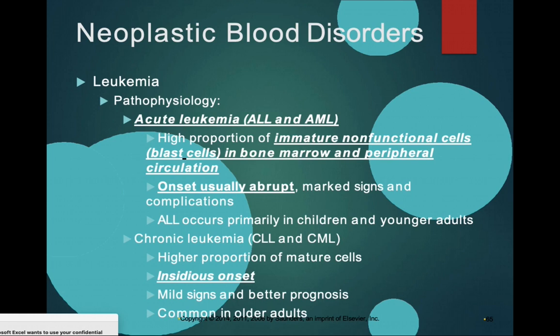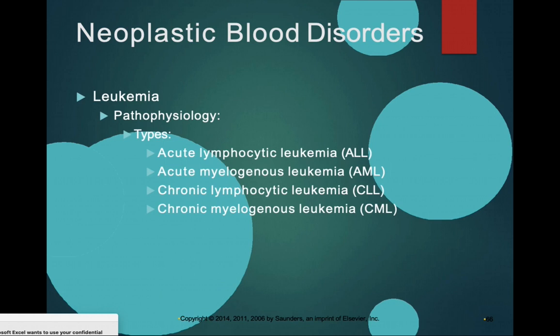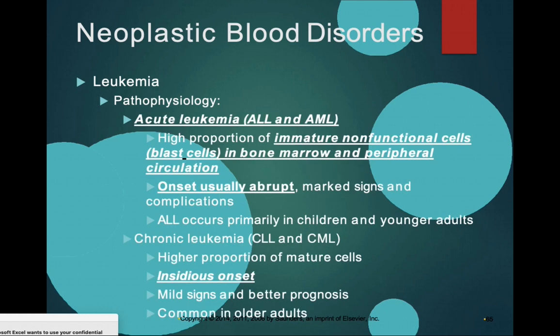Now let's look at some of the different types, right? So we have acute lymphocytic leukemia, acute myelogenous leukemia, chronic lymphocytic leukemia, and chronic myelogenous leukemia. Okay, let's go back to acute leukemia. This is ALL and AML. This one has a high proportion of immature, non-functional cells, typically blast cells, in the bone marrow and the peripheral circulation.